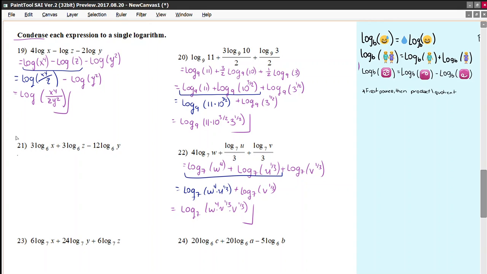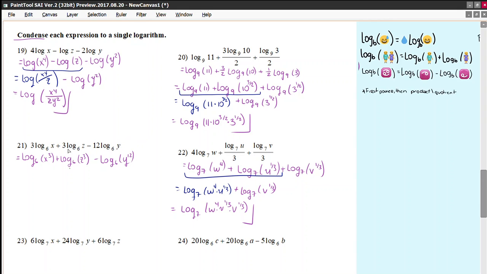Next one, as usual, I'm going to apply the power property first. Logarithm base 6 of x to the power of 3 plus logarithm base 6 of z to the power of 3 minus logarithm base 6 of y to the power of 12.